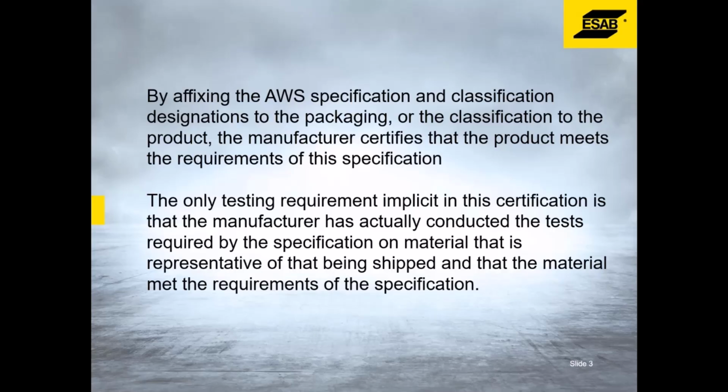By affixing these classifications to the product and the packaging and the certs, the manufacturer is certifying that that product is meeting the AWS classification. It's not implying that there's any testing done on that particular lot. That would all come from A5.01, where you have your lot classification and testing requirements.